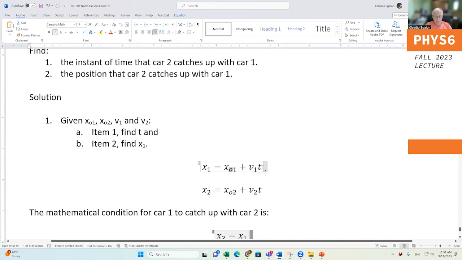The last one, v1t. Oh, okay. v1t, yeah. So that's v1, velocity one, and time. Okay. Velocity of car 1, velocity of car 2, right? And it's written here as well. Initial position of car 1, initial position of car 2.